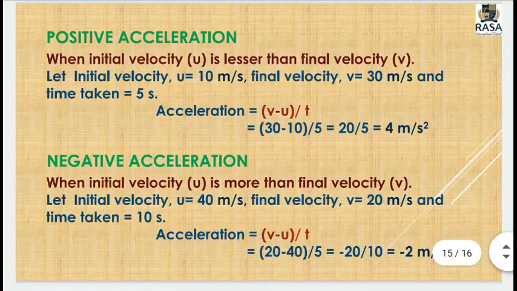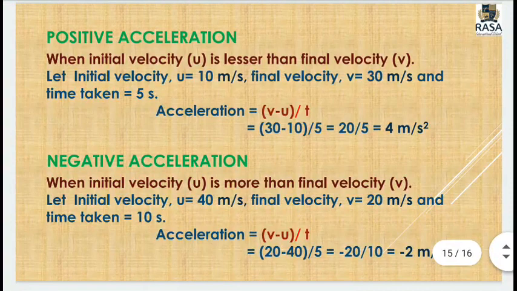Now positive and negative acceleration. Positive acceleration is when the initial velocity is lesser than the final velocity. Suppose you have started your motion with 10 meter per second and your final velocity is 30 meter per second. Suppose you start your two-wheeler and in 5 seconds you are at 10 meter per second. Then you accelerate through your accelerator, means you speed up your vehicle, and you find that your velocity is now 30 meter per second. Velocity is speed plus direction. The time in which you have sped up is 5 seconds.